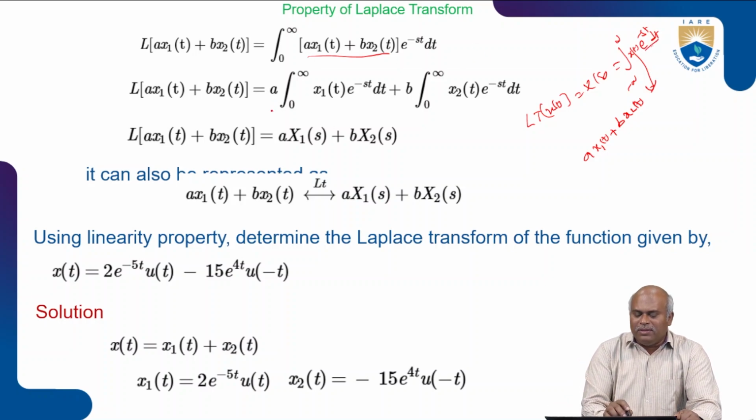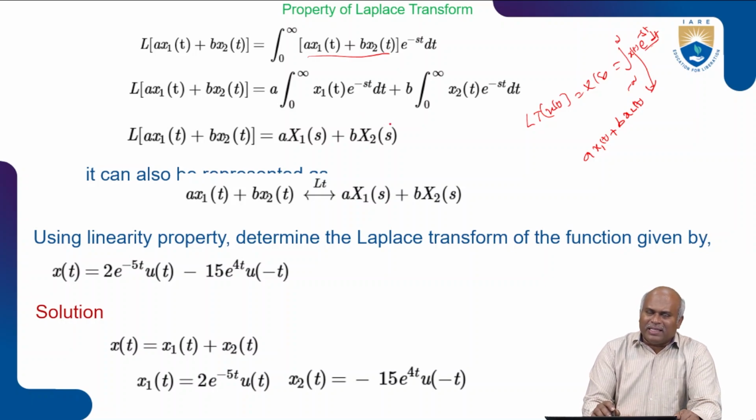Now the integration is distributed over all the parts, because every part has the x of t term. So first we write a times the integration from 0 to infinity of x1 of t e power minus st dt, plus b times the integration from 0 to infinity of x2 of t e power minus st dt.